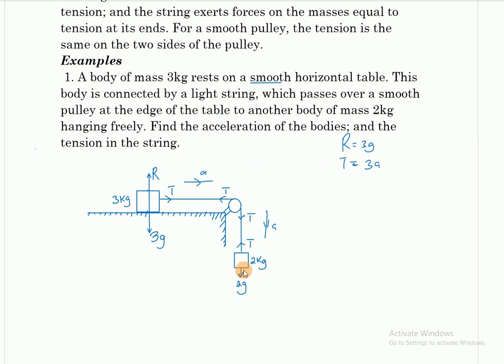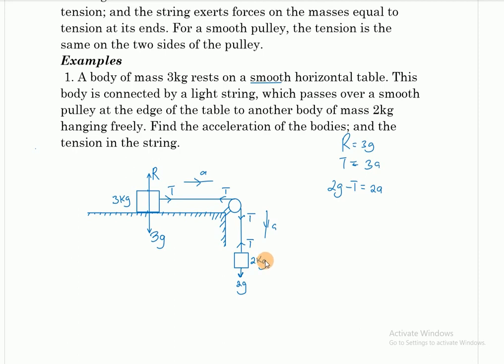Then we look at the motion of the 2 kg body. With the way we have this acceleration, it means that the weight is bigger than the tension. So we have 2g minus T equal to 2a, the forces acting on this one.